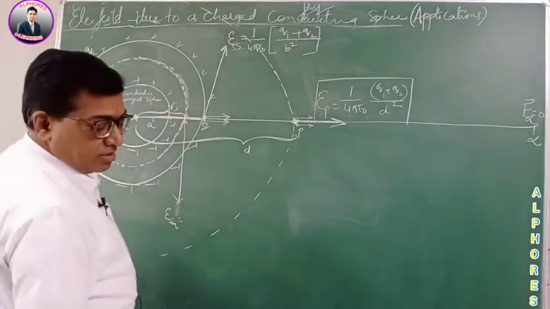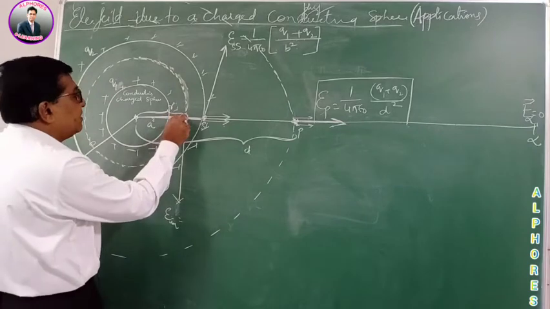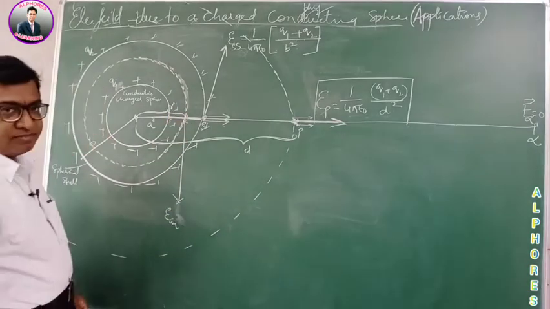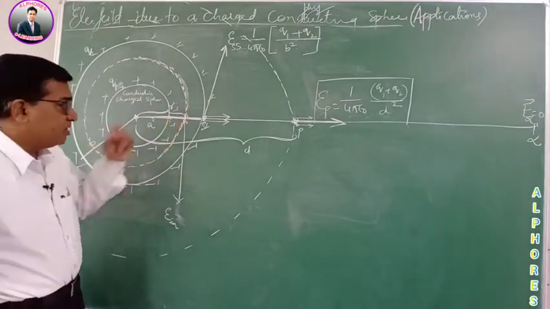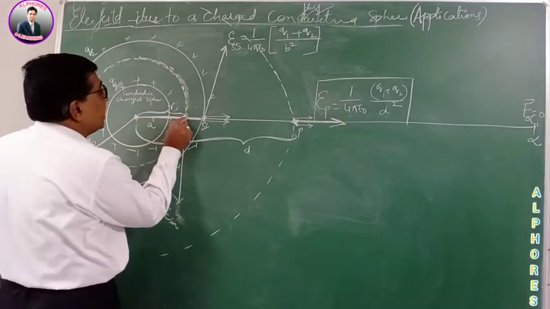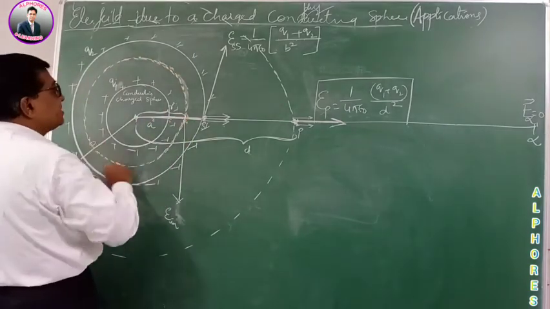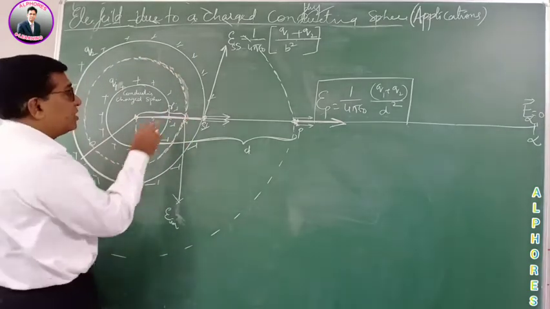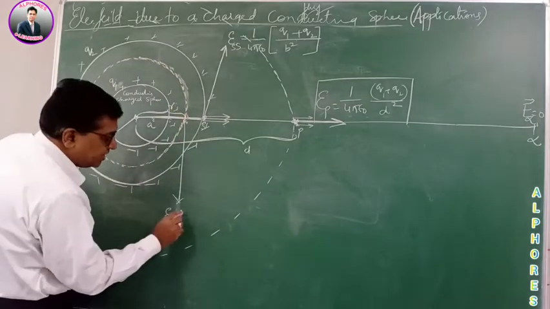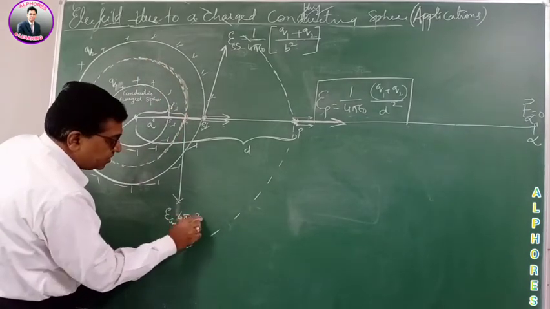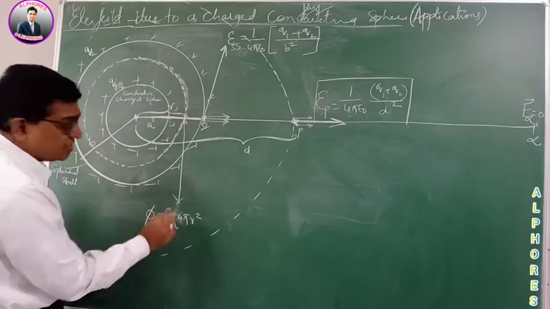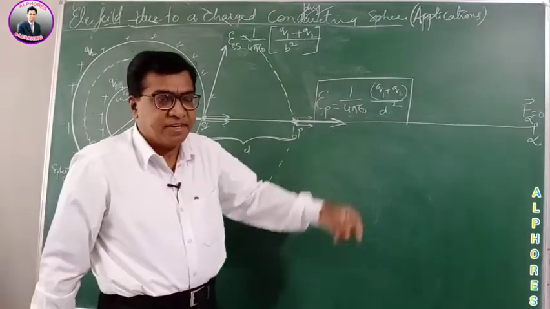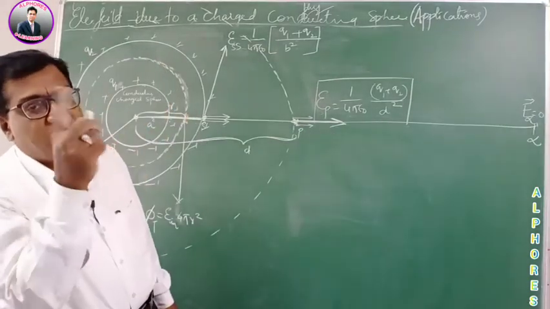Now let the electric field at that point be E inside. The distance of the point is r, so the radius of the Gaussian surface is smaller, and the area of the Gaussian surface is 4 pi r square. The total flux from the Gaussian surface, by definition, is E dot ds.